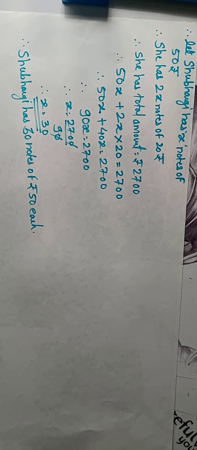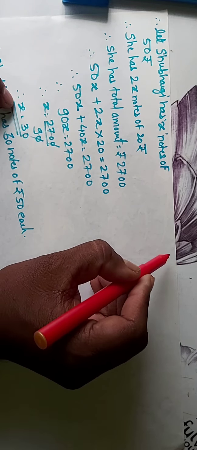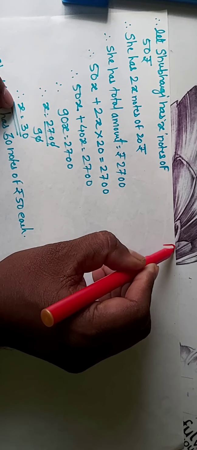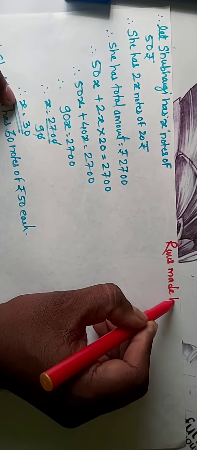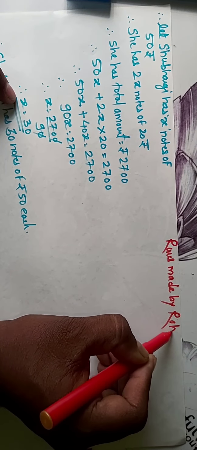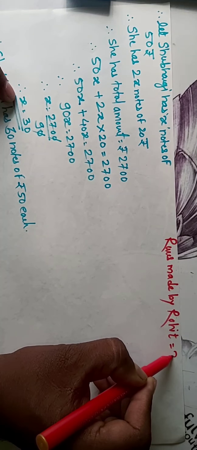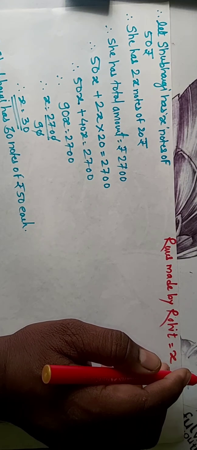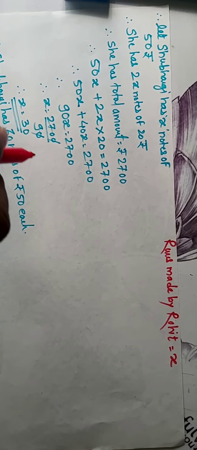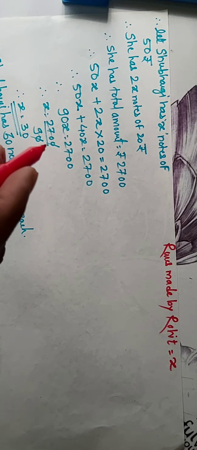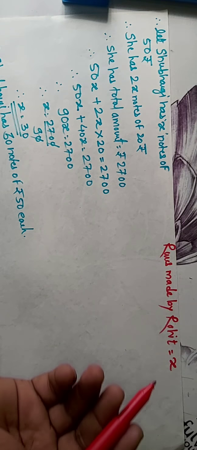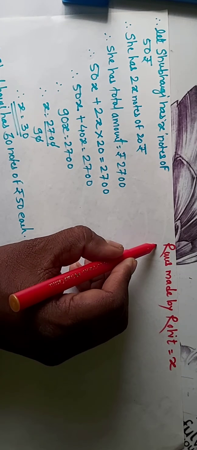So we have to find both runs. Okay, so first we'll write the runs made by Rohit. Runs made by Rohit is equal to x, because we don't know both. According to the given data, Virat made twice as many as Rohit, so twice of Rohit means 2x.